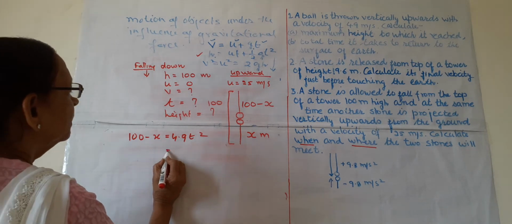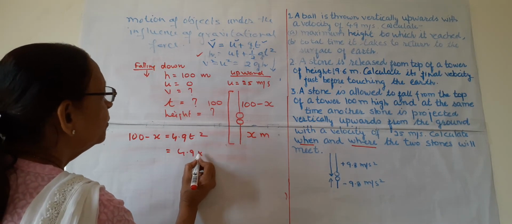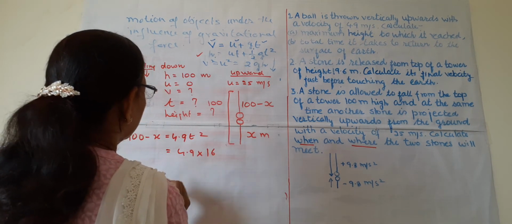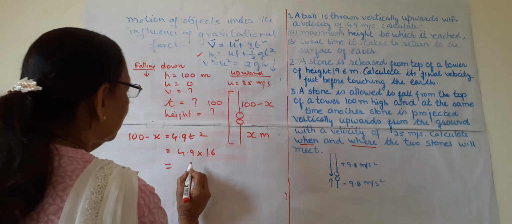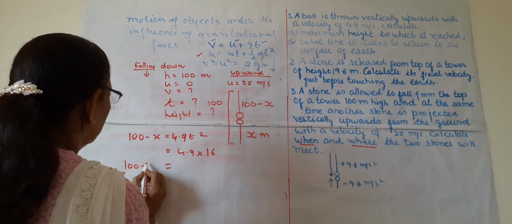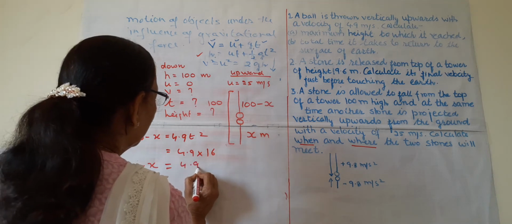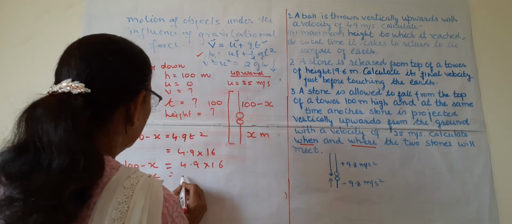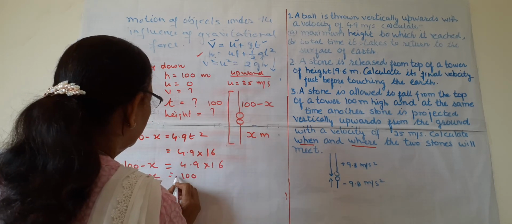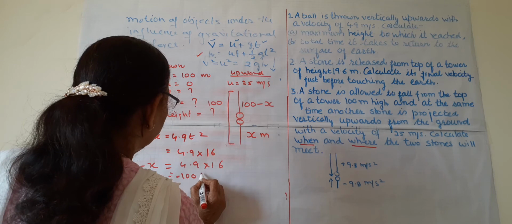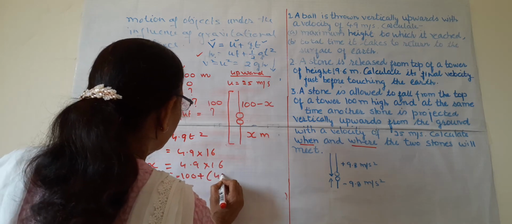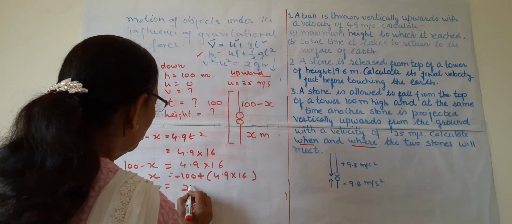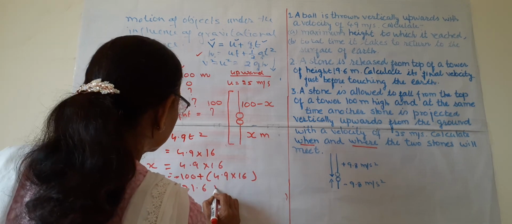Now we know this is 4.9 into 4 square. 4 4s are 16. So 100 minus x is equal to 4.9 into 16. So x will be 100 minus 4.9 into 16, and it will come to 21.6 meters.